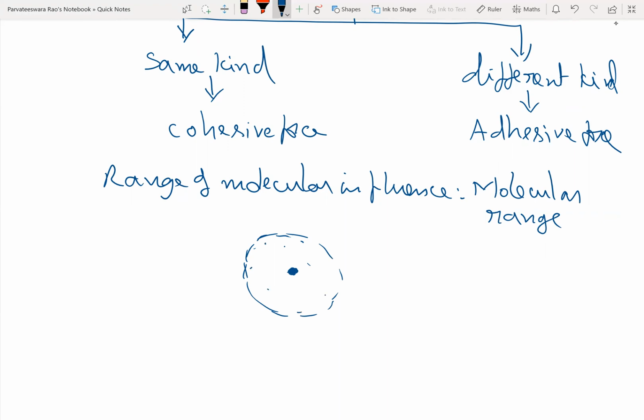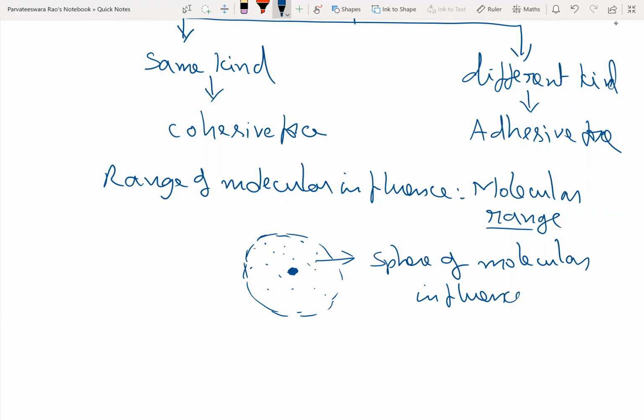All the molecules coming within this sphere will only experience the molecular interactions. So this imaginary sphere is called the sphere of molecular influence. Either the molecular range or the radius of molecular influence will be in the order of the size of the molecule, which is around 10 to the power of minus 8 centimeters.